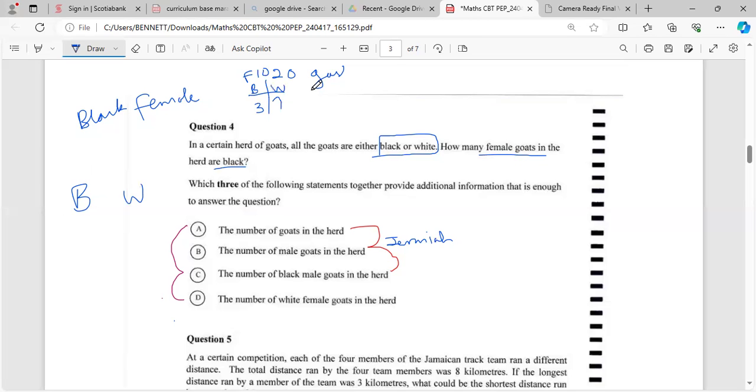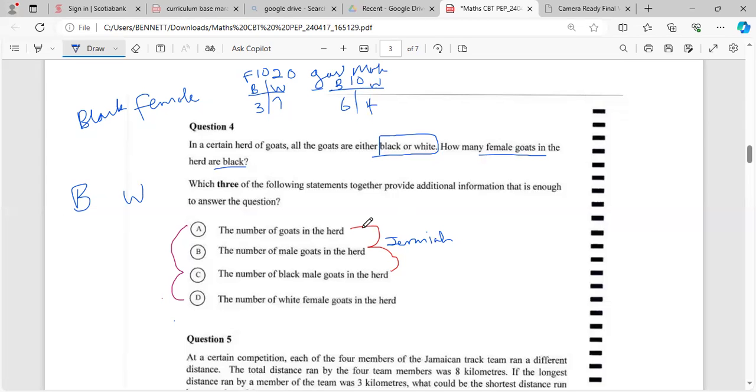So from the male side now, let us say we have 10 again. Let's say we have 6 black and 4 white. Could we find out how many females from this?